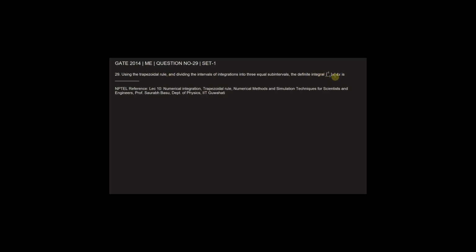Let's understand this function using a graph. Suppose this is the given function f of x, which is modulus of x. We need to integrate this function from -1 to +1 using the trapezoidal rule. At x equal to -1, the value of the function is 1, and similarly at x equal to 1, the value of the function is 1.